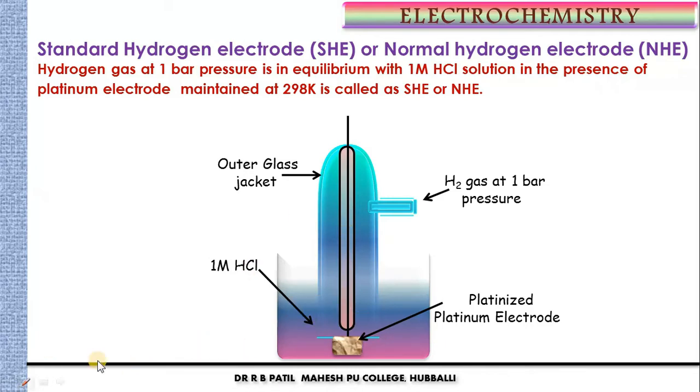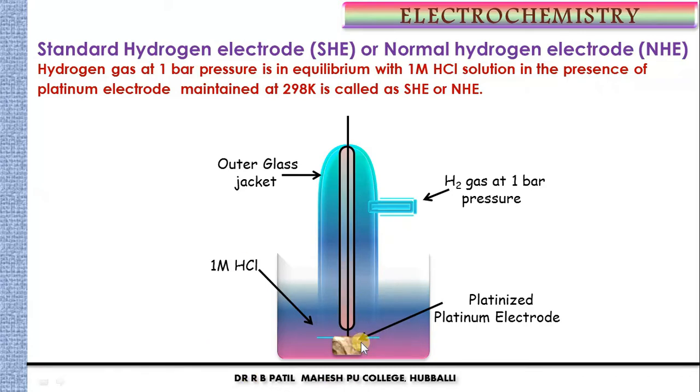Now students, let us see how it works. We pass hydrogen gas at 1 bar pressure from the inlet present here. The gas enters here and comes into contact with the platinum electrode, and some hydrogen gas molecules are adsorbed.